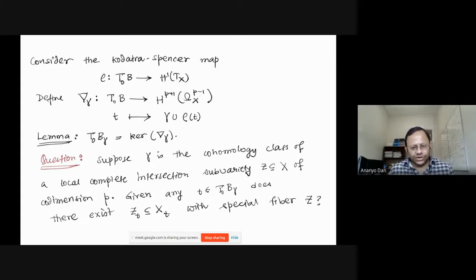We want to ask whether this Hodge class, the deformation of this cohomology class of Z, is really coming from the cohomology class of a geometric deformation, in the sense that does there exist a local complete intersection subvariety Z_t which is a deformation of Z, such that the cohomology class of this Z_t is the same as the deformation of gamma. I'll make this more precise.